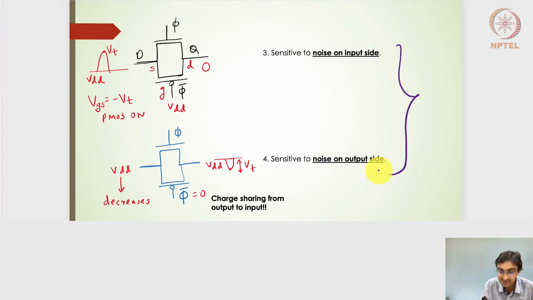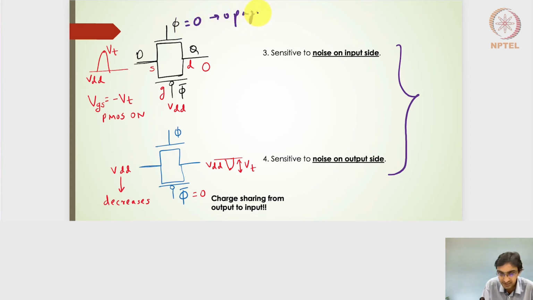In the last-to-last slide, when we talked about the NMOS transistor, here I'm going to talk about the PMOS transistor, and how it is sensitive to the input noise. So let's say that phi is 0, that means it is in opaque mode.